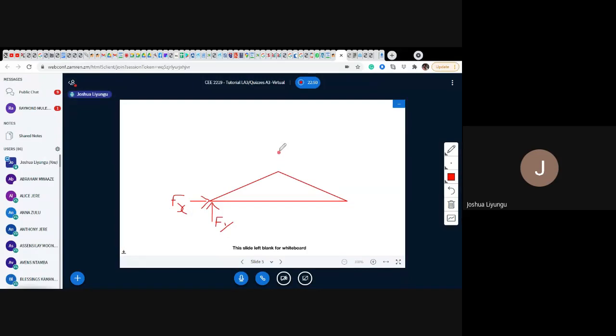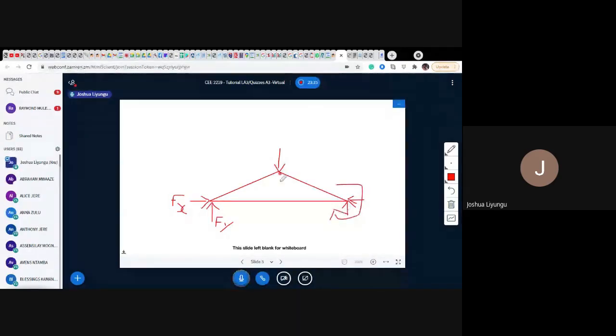Then, of course, I can have another force there. Here, if it's a roller or if it's a fixed connection, in 2D, I'll have a component in the Y and a component in the X. And apart from that, I'm also going to have a moment if it's a fixed connection.